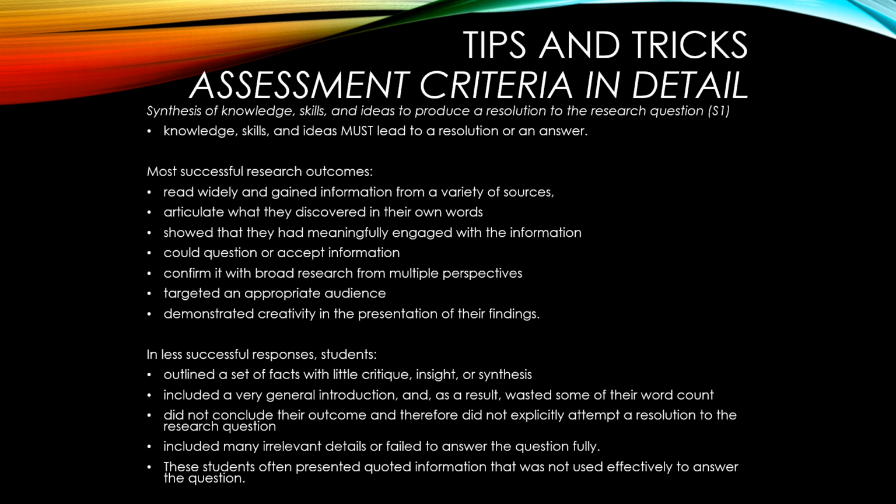Then you articulate what you discovered in your own words. It's not just, here's a quote, footnote, here's a quote, footnote, here's a quote, footnote. You actually explain your quotes, you explain your evidence, and you show that you've meaningfully engaged with that by actually answering your question, setting up your sources in a really strong way, and making sure that you have got all of your broad research integrating multiple perspectives for your appropriate argument, okay, and your audience.